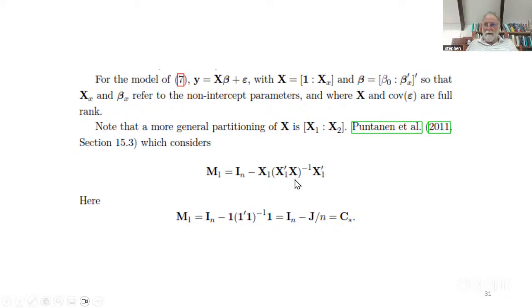I'm sorry, there's a 1 missing on the X here on that X. But basically what it turns out is that this matrix M1, which is the orthogonal projector orthogonal to X1, curiously just collapses and turns into C star. This is the key for why this works.